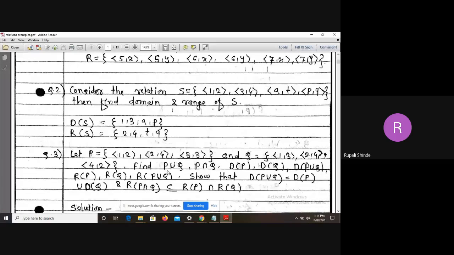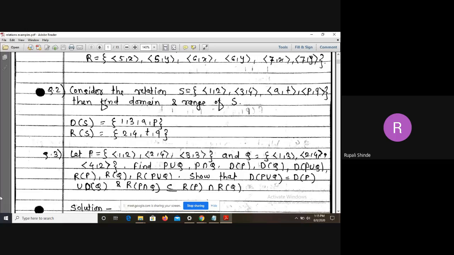So first of all, tell me what is the answer for P union Q? So already in set theory we have seen what is the union operation. Union means what?